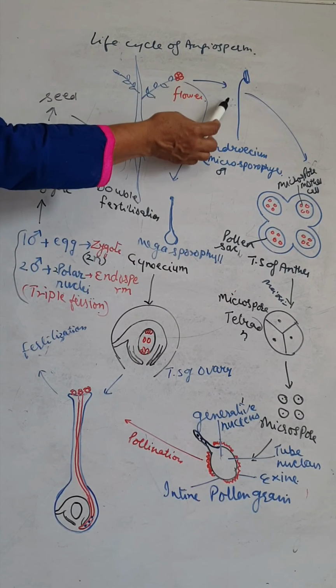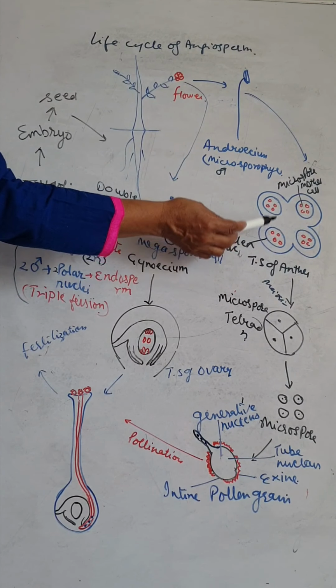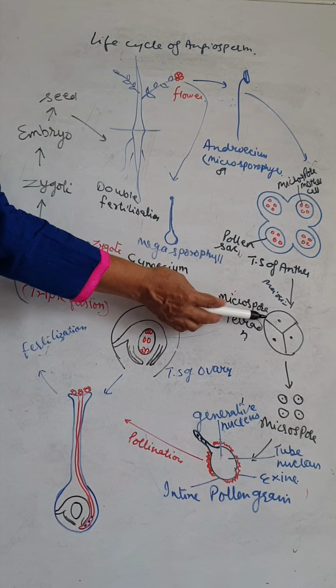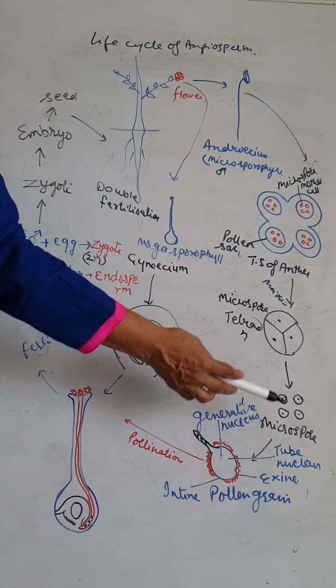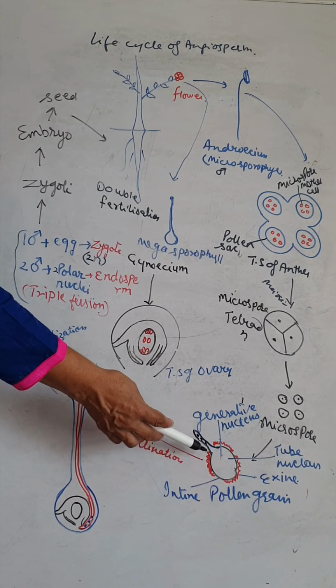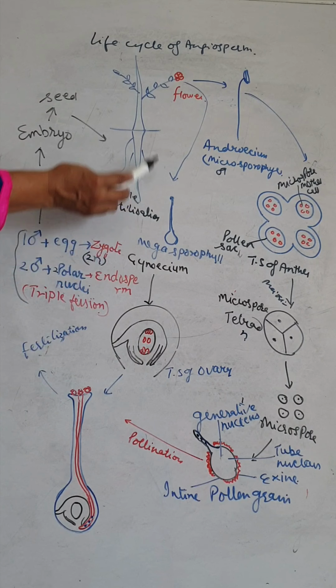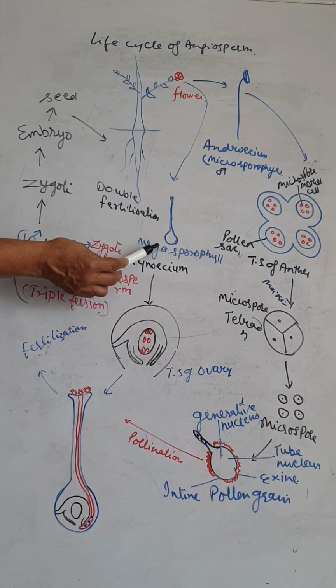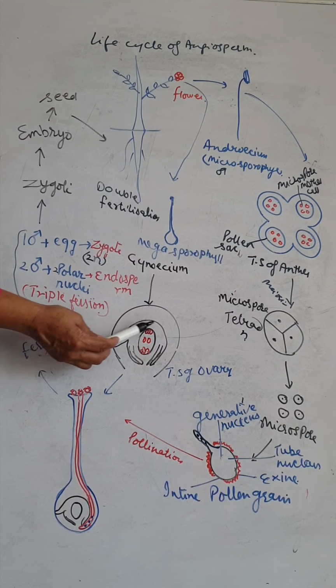So in short, we are discussing the sporophytic plant. Flower is there, stamen is there. This is the TS of anther. Pollen sacs are there. Microspore mother cells are there. Microspore tetrads are formed. Microspores are there. This is the pollen grain. It reaches the stigma; pollination is there. This is the female part. The megasporophyll produces the megaspore.